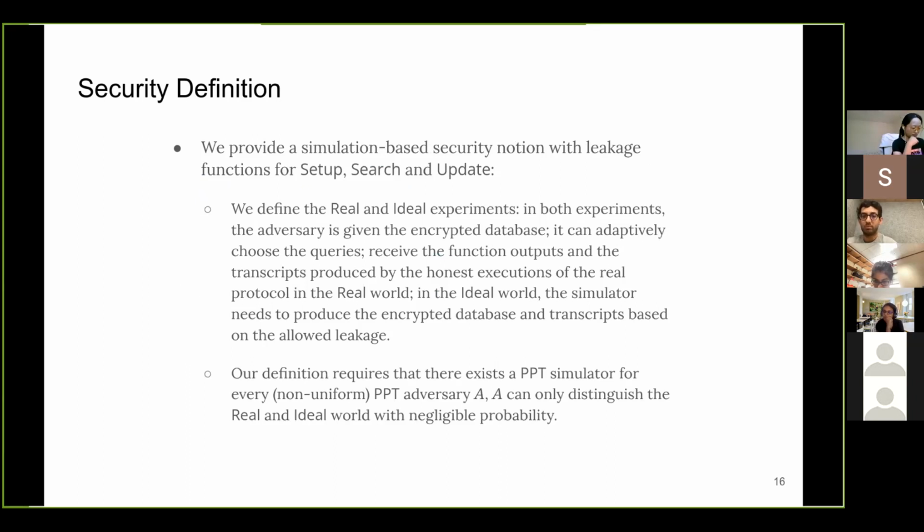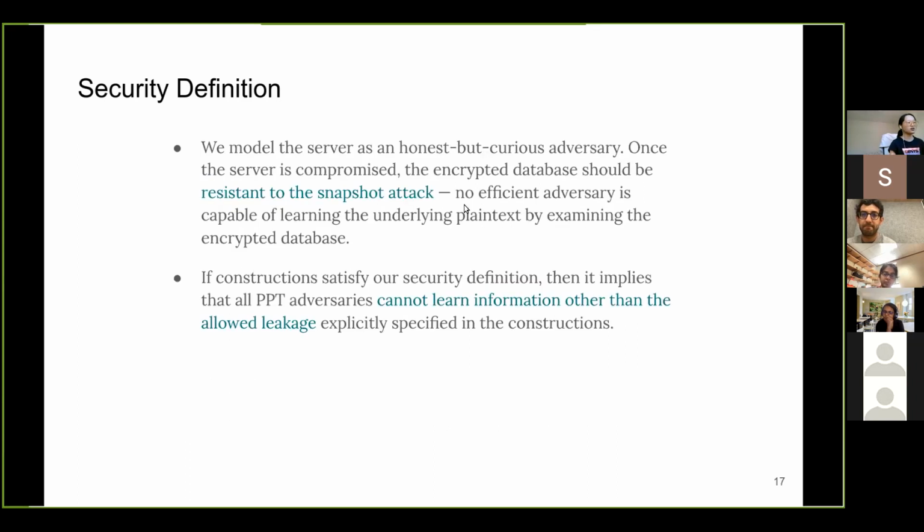Okay, so it's stronger than snapshot security. Yeah, it's stronger than that. We just mention it here because some people think that an honest but curious adversary may not prevent the snapshot attack. Okay.